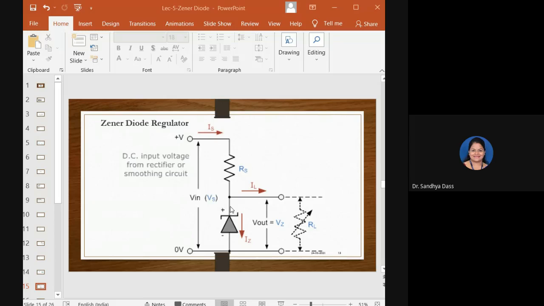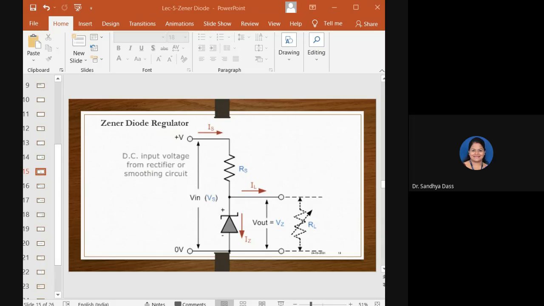And in order to make the Zener diode conduct, it should cross the minimum Zener current, so RS will be selected approximately. One more thing to note here is that the supply voltage you apply must always be greater than VZ. Do you agree with me?